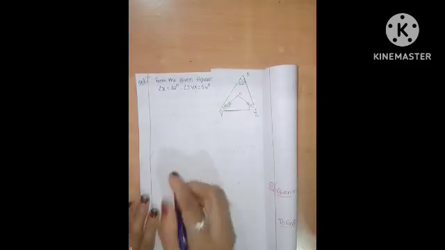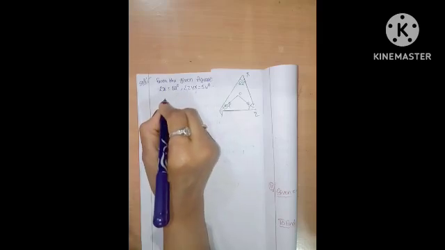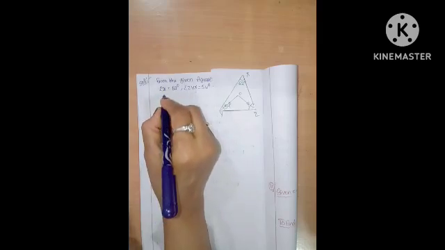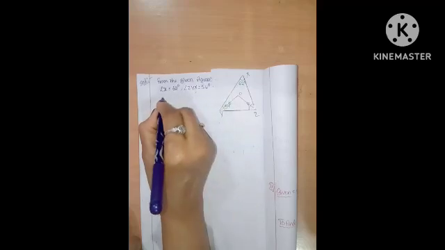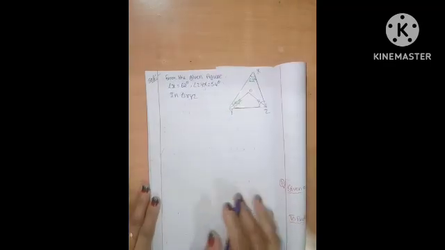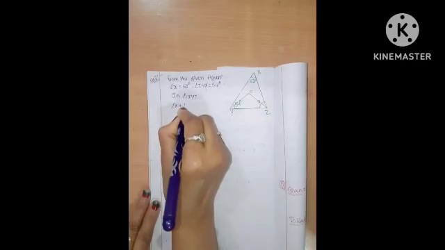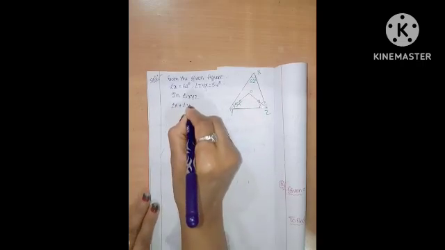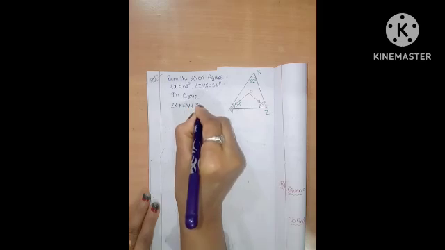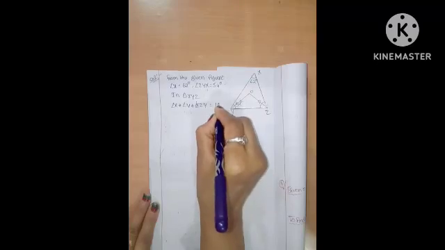YO and ZO are also bisectors, and angle XZY is asked. So in triangle XYZ, angle X plus angle Y plus angle XZY is equal to 180 degrees.